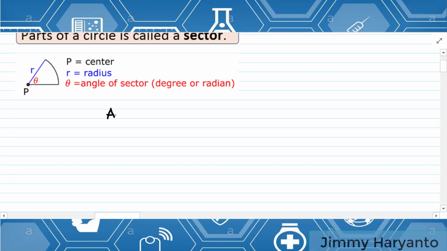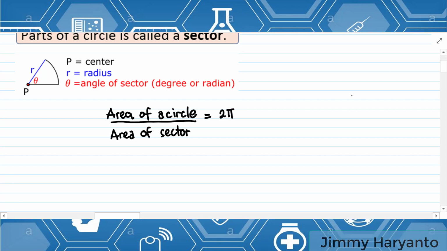Let's compare the area of a circle and the area of a sector. I can write that the area of the circle compared with the area of the sector is directly proportional with the angle. As you know, the angle of a circle is 2 pi or 360 degrees.